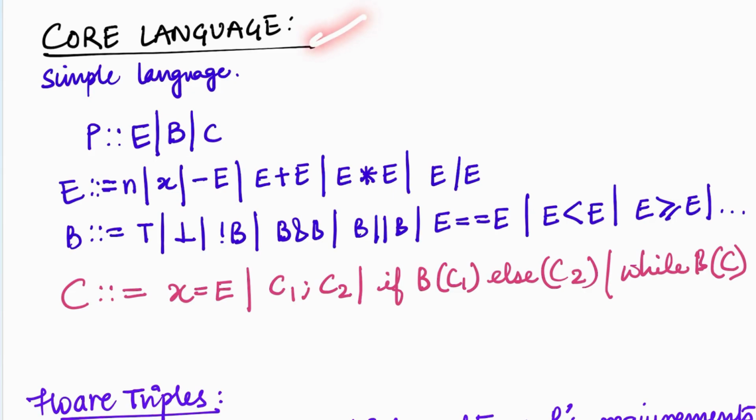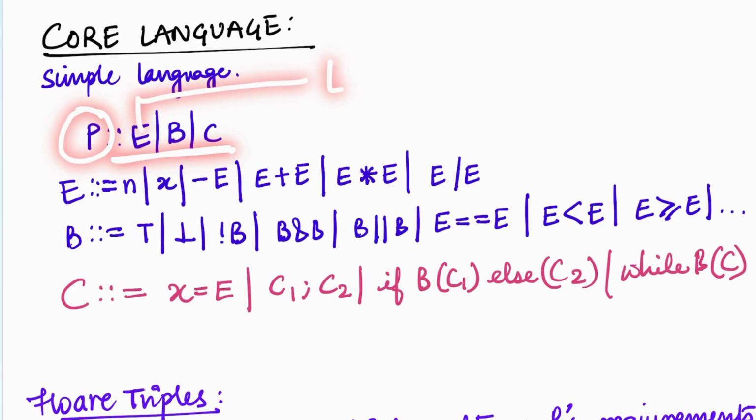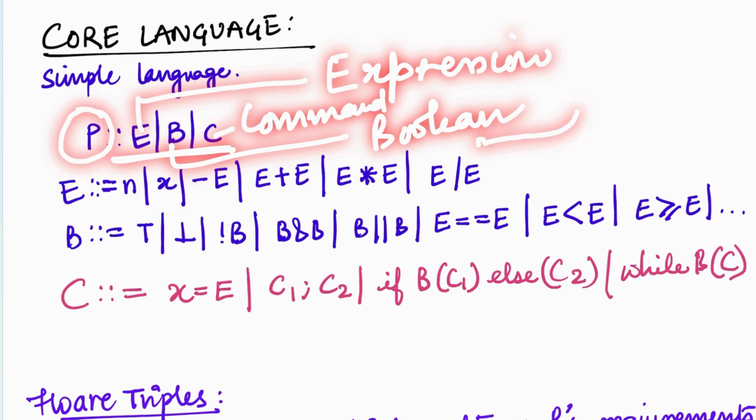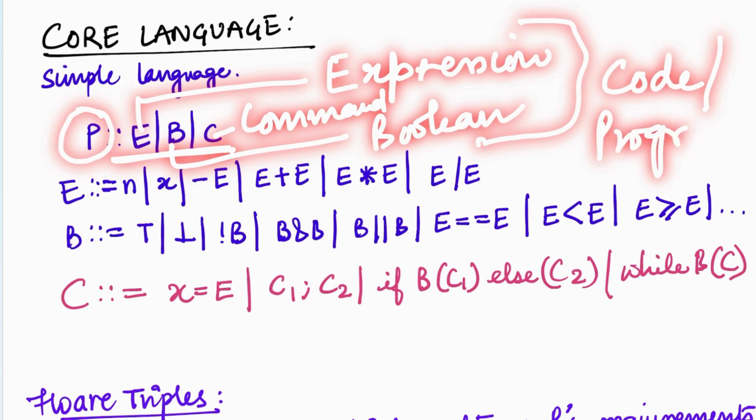In every program, you will find these three things: E is called expression, B is called Boolean, and C is called command. These three things will make our code or program. And these programs will then be fed with the property to a model to understand what this program is supposed to do and what it is doing.